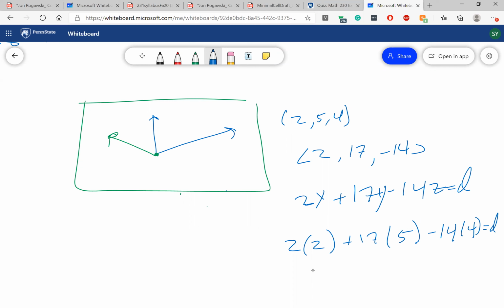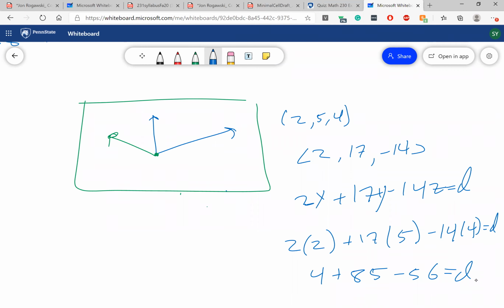This is going to be 4 plus 85 minus 56, which is equal to b.